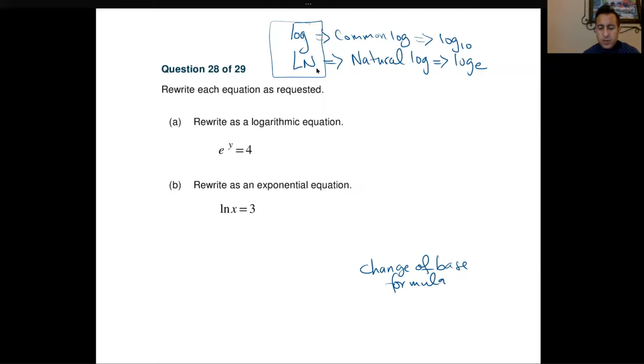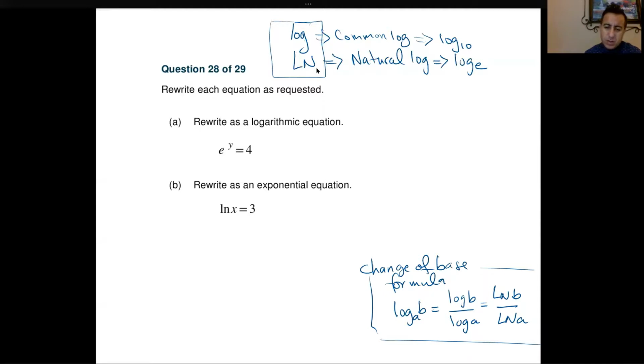Change of base formula is if you have, for example, a and b, so you do log of b over log of a, because you know, you're dividing similar things, then you can use either that or this, or you would get same thing, as long as you use the same log on both numerator and denominator.